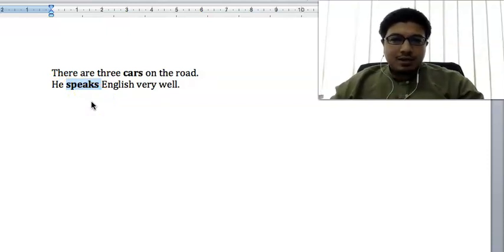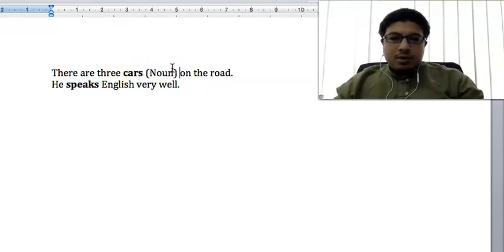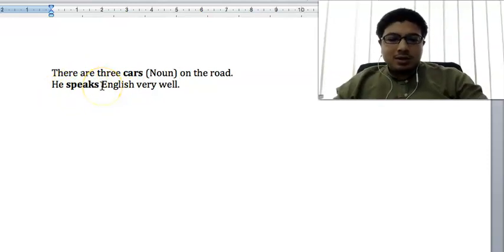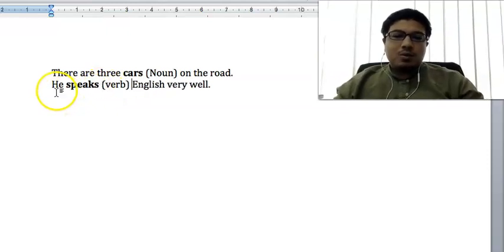Let's say car is a noun. If it is a noun, more than one, you have an s. If it is a verb, one singular, you have an s. So this is a verb, and because it is a verb, one person, you have s. More, you don't have s.